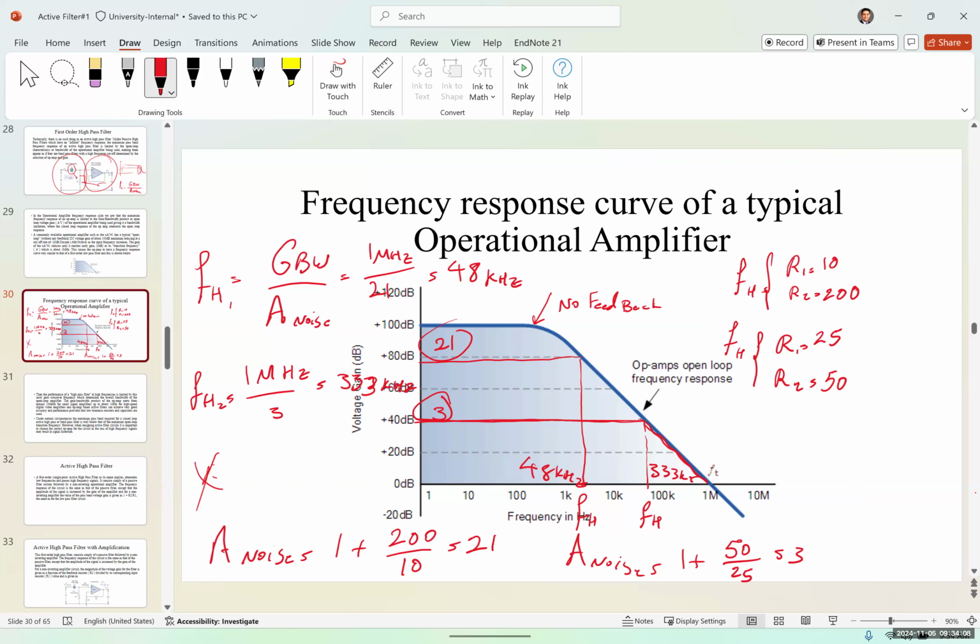And we learned from previous chapters that if you want a larger frequency response, you need to lower your gain. So there's a trade-off between the gain and the frequency response. The higher the gain is, the smaller the frequency response. And the lower the gain is, the larger the frequency response.